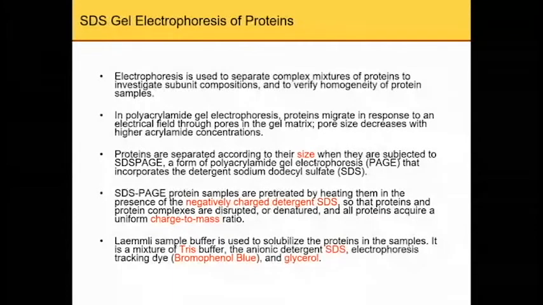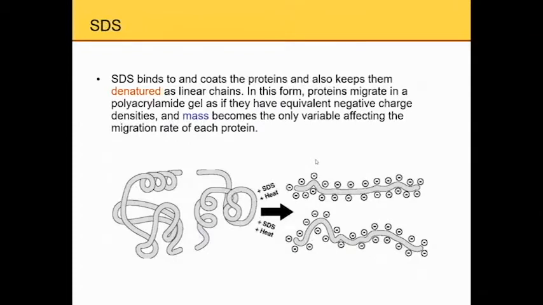The reason we use SDS is because we want to coat the protein evenly with negative charge on the surface of the peptide. Therefore, we can make the protein molecule migrate from the negative to the positive electrode.